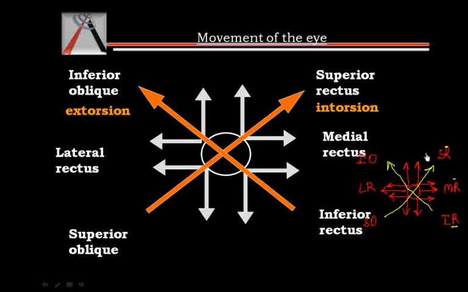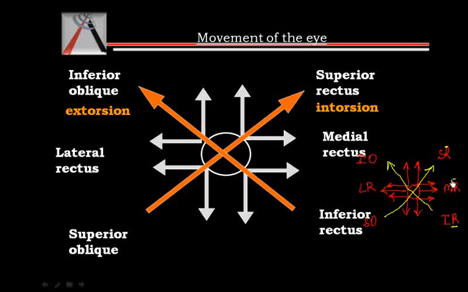Upward rotation is caused by two arrows, that is the superior rectus and inferior oblique, while the downward rotation is caused by two arrows, that is the inferior rectus and the superior oblique. While these two yellow arrows, they tell about intorsion and extorsion. Now it's very easy when we say intorsion.